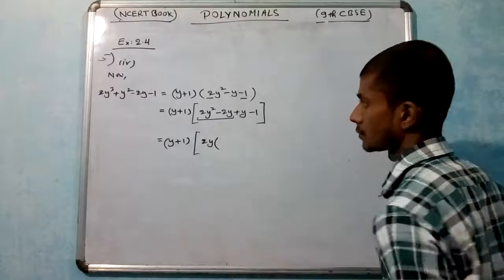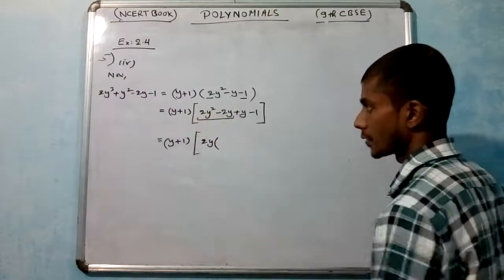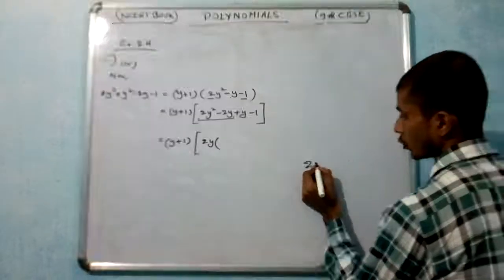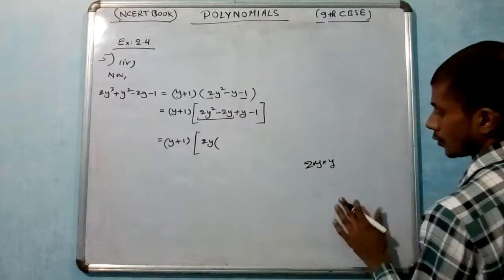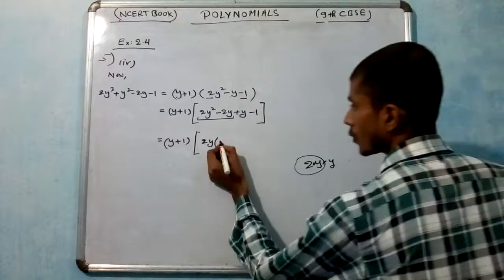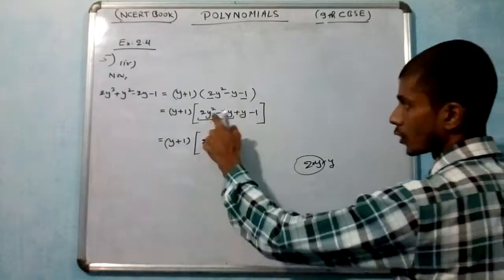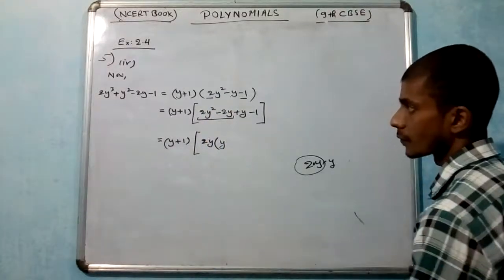Then what is left in the first term? If 2y is taken out of 2y square, what is left? Y is left.